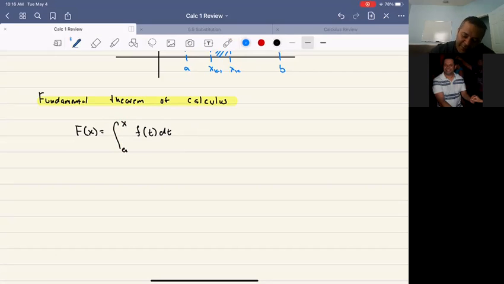But now F prime of x, that's going to equal f of x.